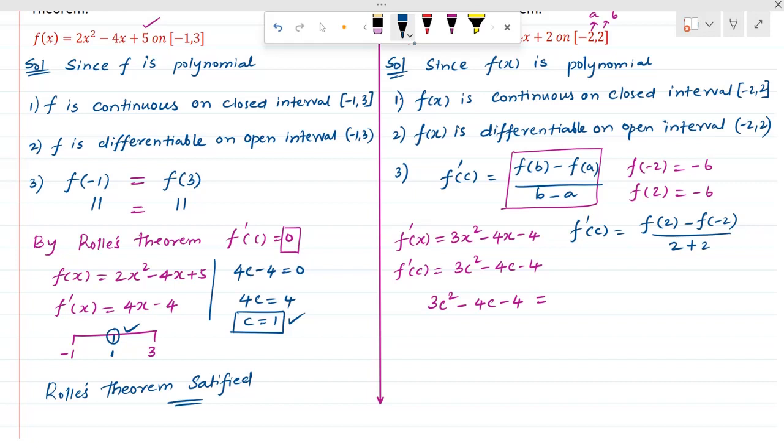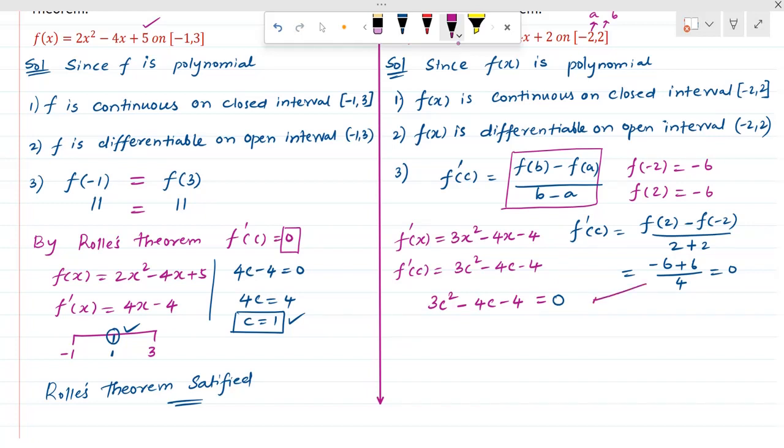So what is the value here? Find it. The f of 2 is minus 6, minus of minus, it becomes plus 6, over 4. Since 0 over 4, this value will be 0. So we will get the value on the right hand side is 0. So the entire part is 0.